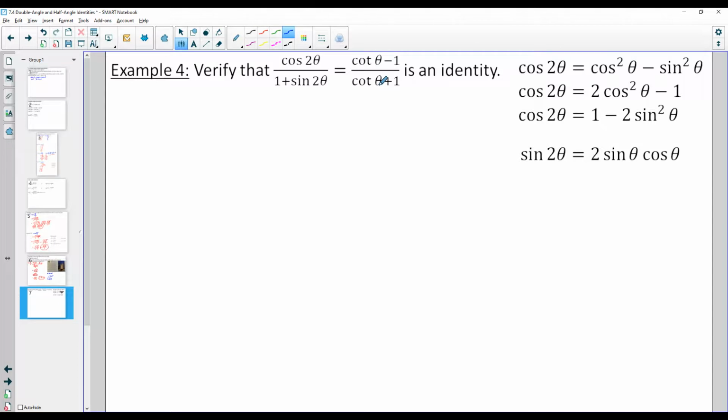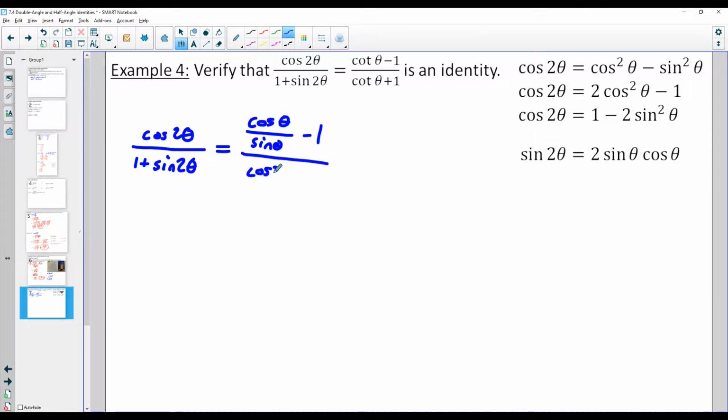Now, actually, before I do anything to that left side, I think I'm actually going to rewrite that right side in terms of sine and cosine. So cotangent would be cosine over sine. Cosine all over sine.